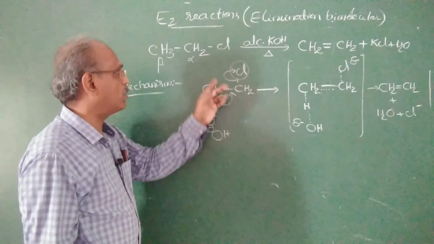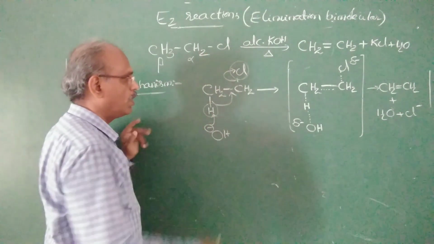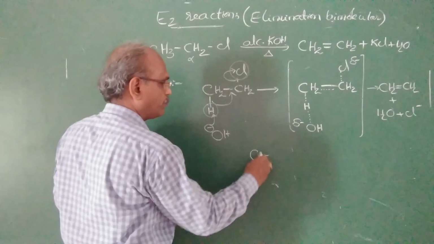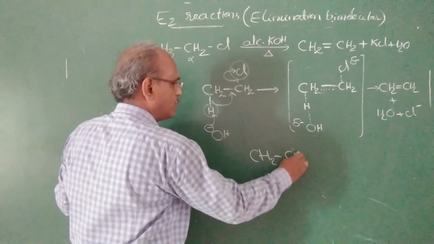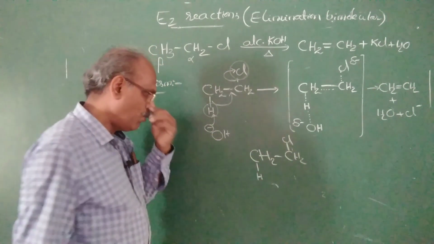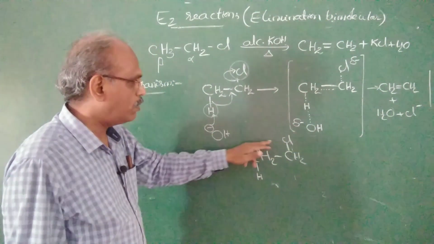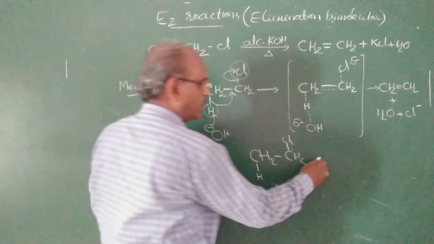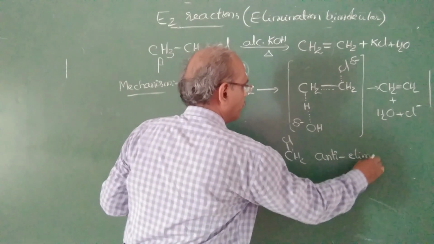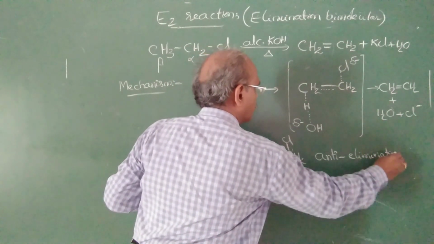These are removed from the substrate. But here I have written them on opposite sides. They are leaving in opposite directions. Why? If they are leaving in opposite directions, that is said to be anti-elimination.